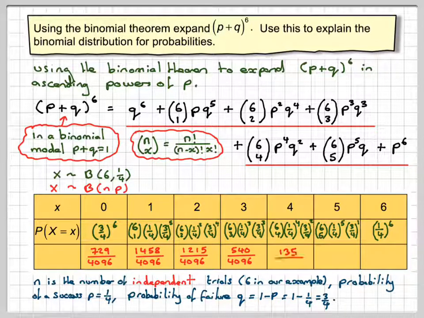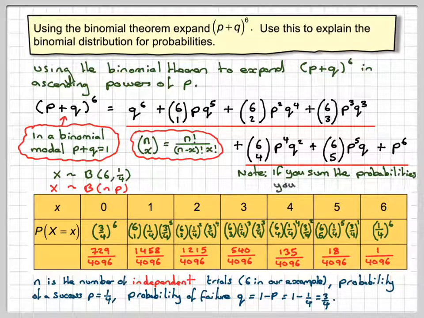I haven't cancelled any of these down. 135 over 4096, 18 over 4096, and 1 over 4096. The good thing is, if you add these together, of course, if p plus q is 1, then 1 to the 6 is 1, so all of this must also be equal to 1. So if you sum all these probabilities, you will get 1.